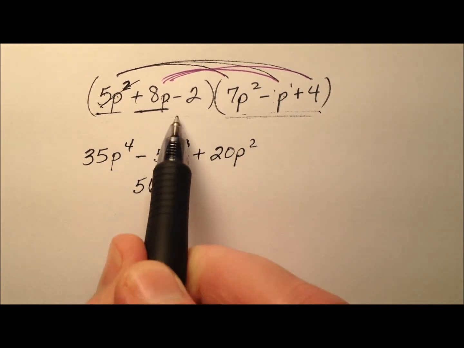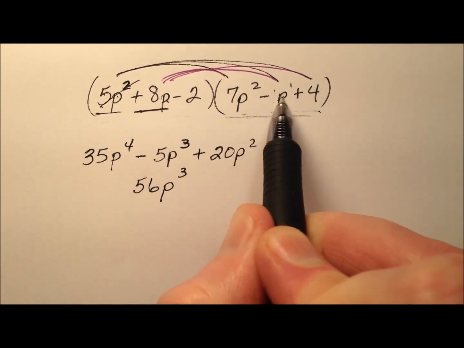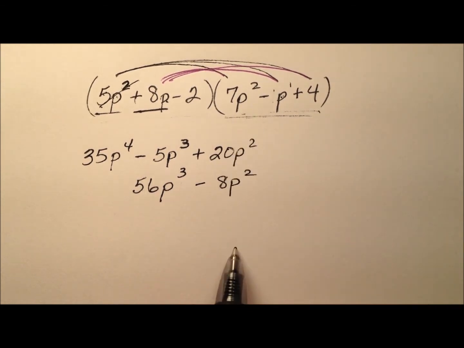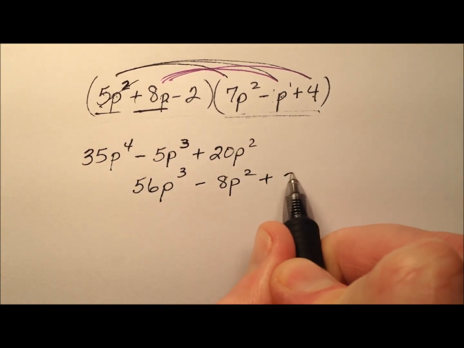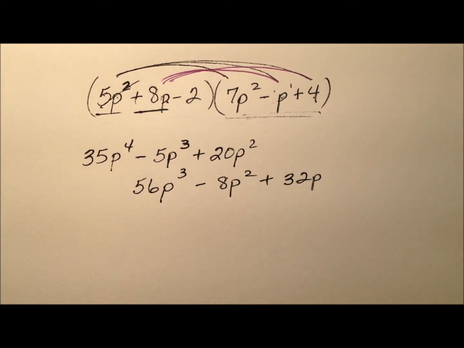So my p cubed terms will all go in this column. And when I multiply 8p times negative p, I'll get negative 8p squared, and I'll line up these p squared terms vertically in this column. And finally, positive 8p times 4 will be plus 32p, and I don't have a column for that yet, so I'll put them right there.